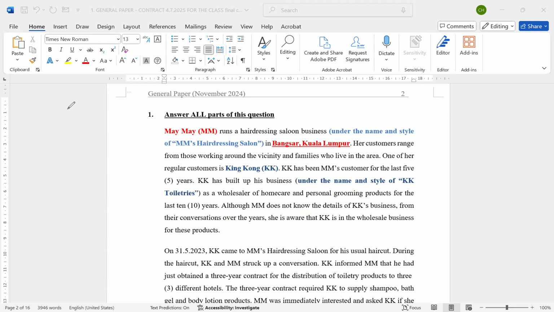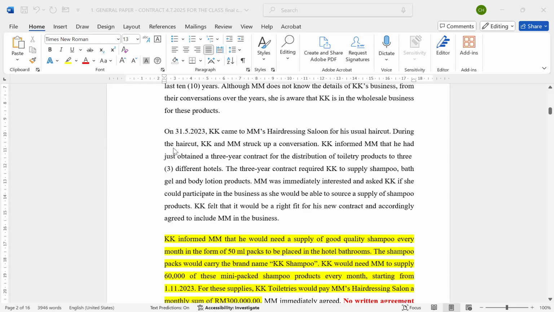So next paragraph, normally they will start to tell you how the contract is being formulated. That means how they enter into a contract. So this particular incident actually happened on 31st May 2023. As this is a very ordinary and usual occasion, KK came to MM's hairdressing salon for just a haircut.